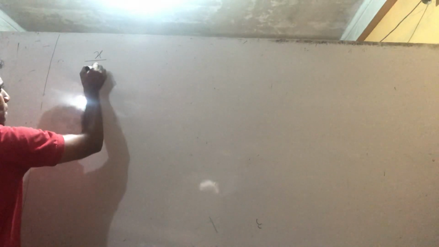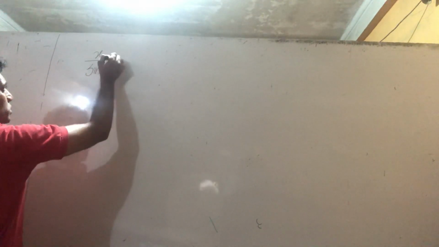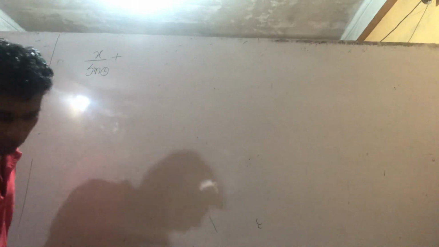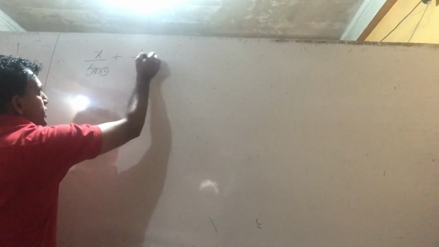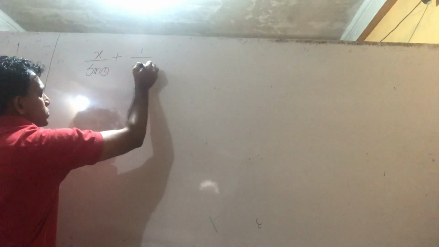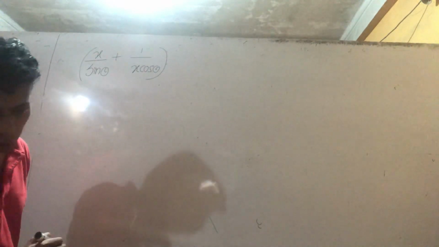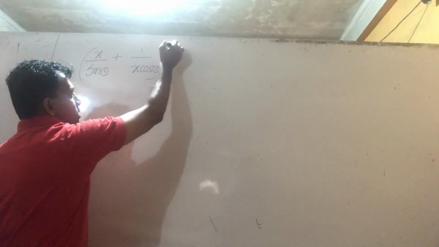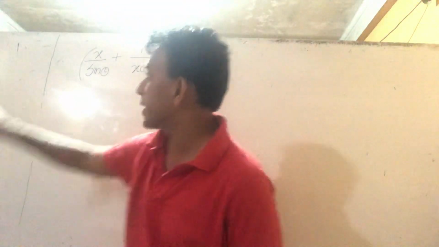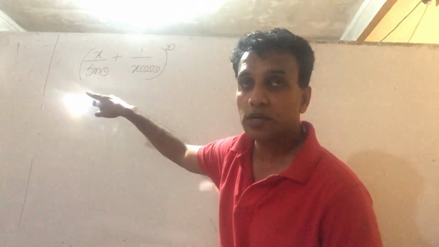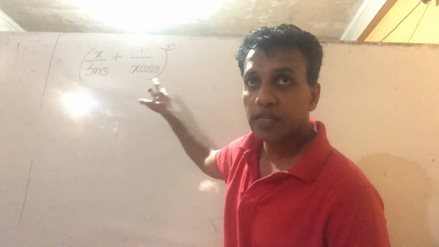How that question: in the expansion of x over sin theta plus 1 over x cos theta, completely to the power 20. So using the binomial method, you can show some expansion, 20C0 plus 20C1, like that pattern.